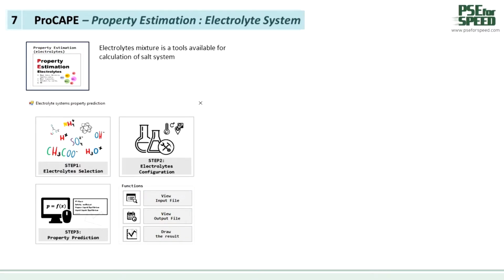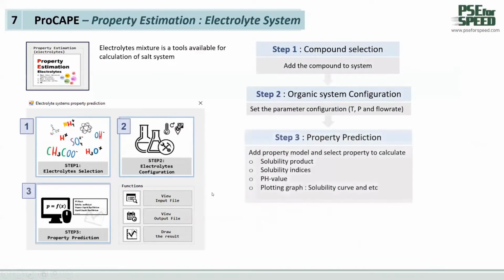Property estimation for electrolyte systems. As before, only 4 steps are included for the property estimation. In this part, the property predictions are solubility products, solubility indices, pH value, and plotting graphs such as the solubility curve.